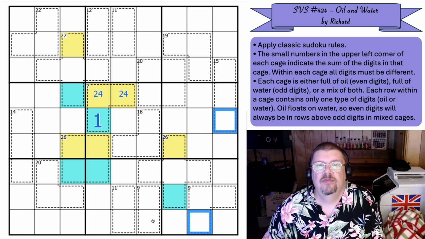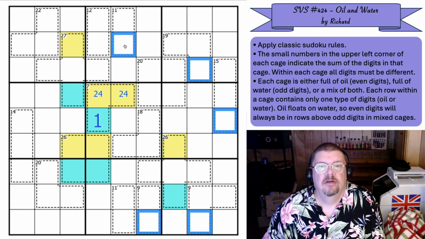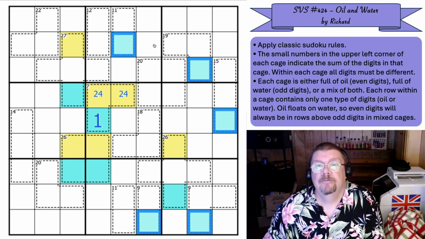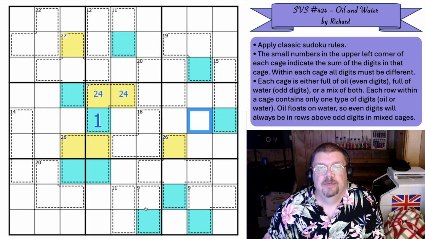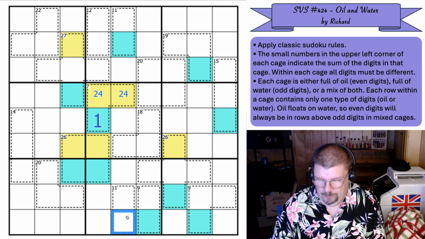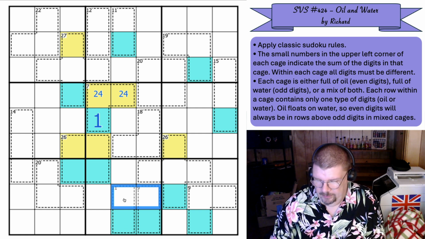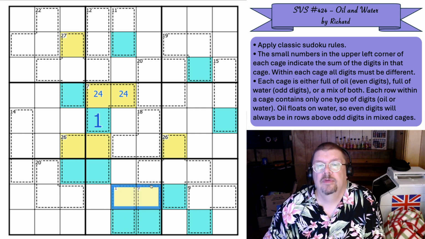So all of these cages I can place water in. Now, this, and this one. These two must be even because an odd and an even makes an odd. These two could be both even or they could be both odd, but they have to be the same.